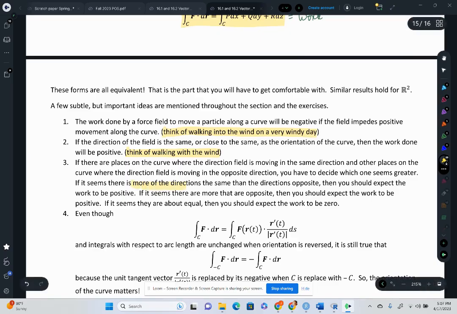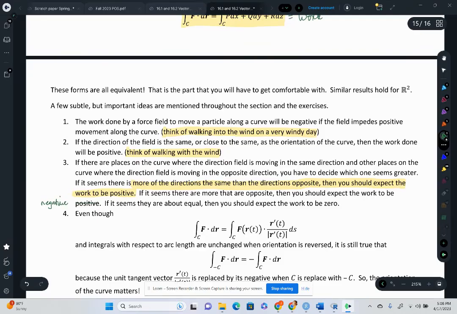So more of the directions the same than directions opposite, you expect work to be positive. If it seems that there are more that are opposite, then you should expect the work to be negative. That one on the slide is a typo right there. That should be negative.